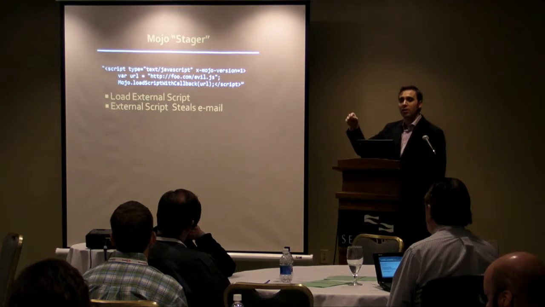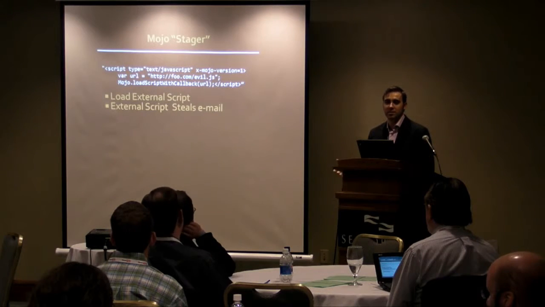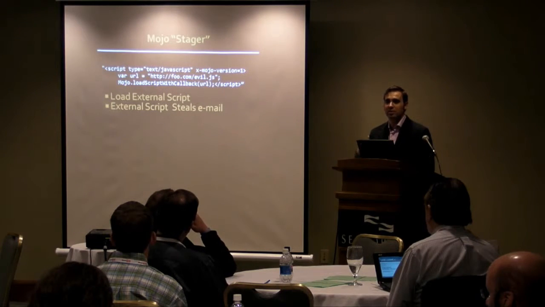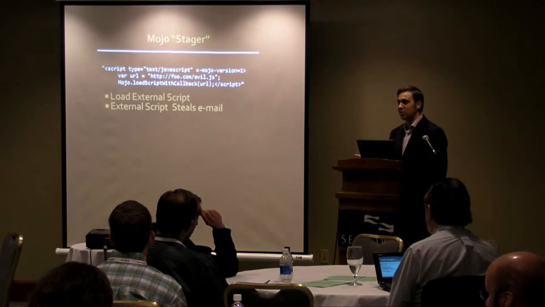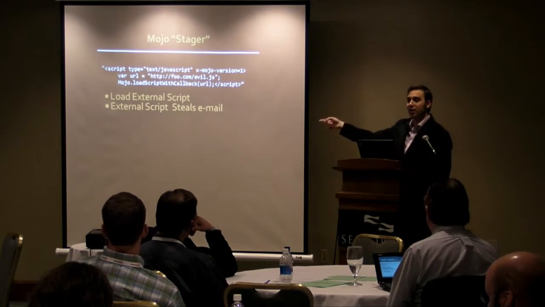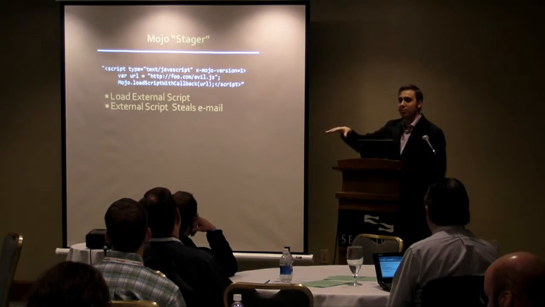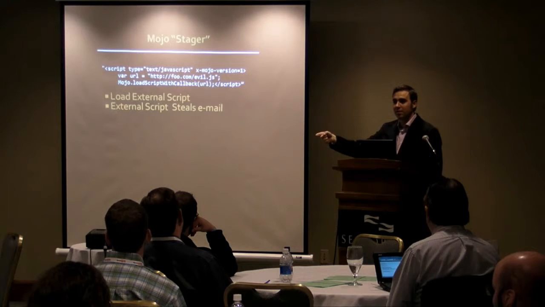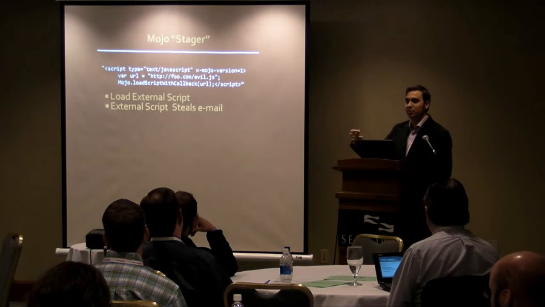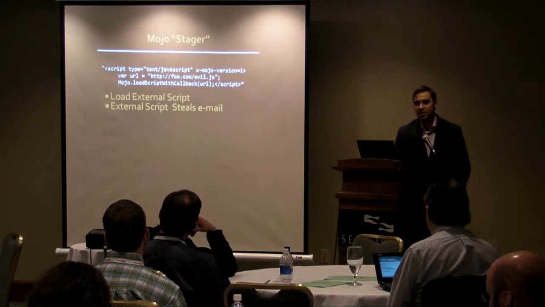So remember that email service I talked about in the very beginning is on the private bus. The email storage system, I can't send messages to it unless I'm a com.palm app. So what I did is I found a bug in a com.palm app, sent my JavaScript from my third-party application to that app, and then once my JavaScript is running, I then use those privileges to access the private bus and steal the email.